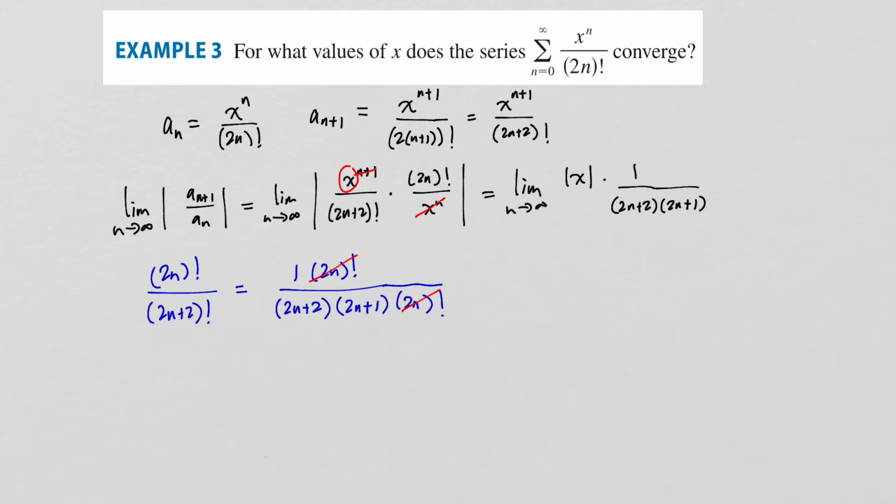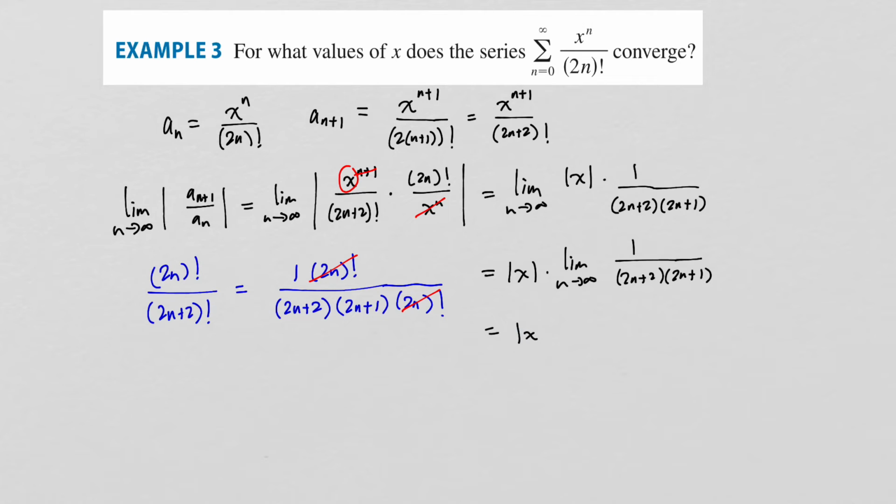Remember, even though we have absolute values around all of this, these are already positive, so we really don't need to have the absolute values around those. Now I'm going to factor out the absolute value of x, and I have the limit as n goes to infinity of 1 divided by 2n plus 2 times 2n plus 1.